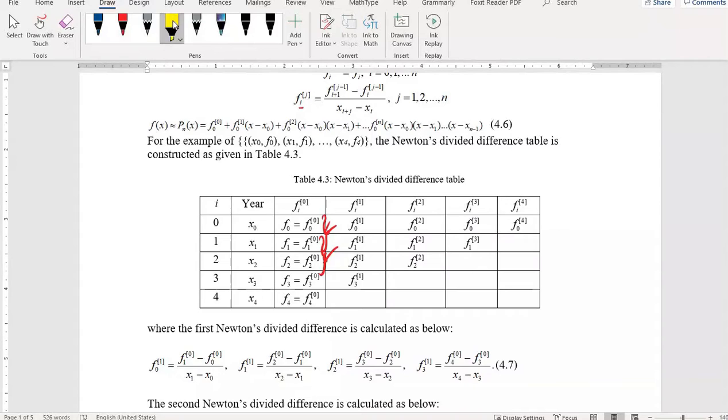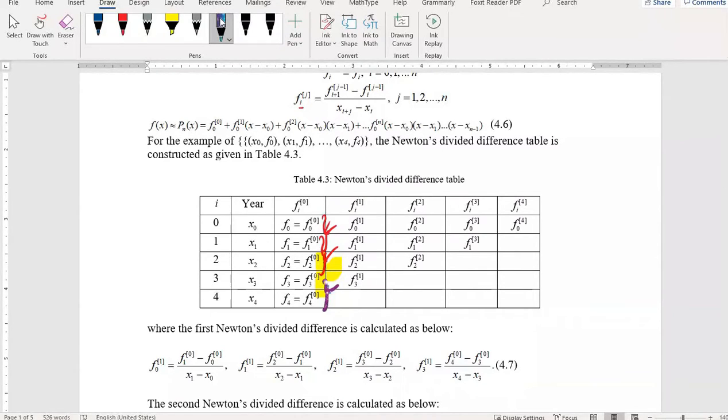Then for this one you take these two: f2^1 is f3^0 minus f2^0 divided by x3 minus x2. And the last one, f3^1, is dependent on f4^0 minus f3^0 divided by x4 minus x3.